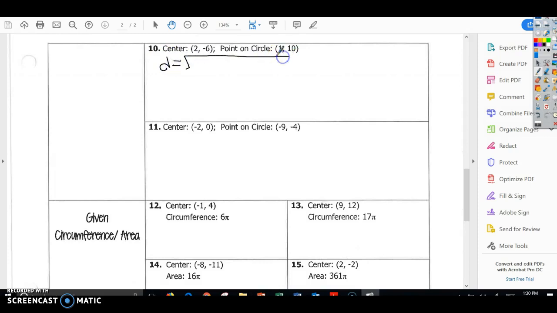Okay, so we're going to do square root. And I'm going to do my x's, x minus x. And I'm going to do my y minus y. And I'm going to have 2 minus 1, which is just 1 squared.